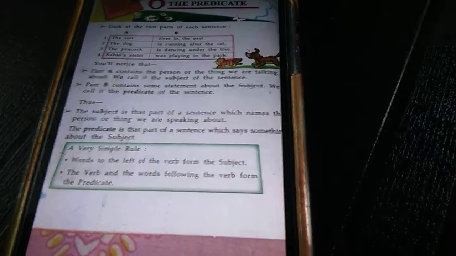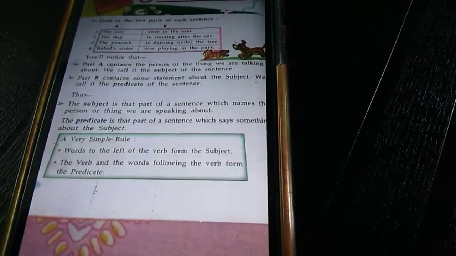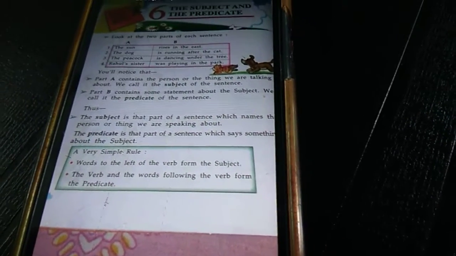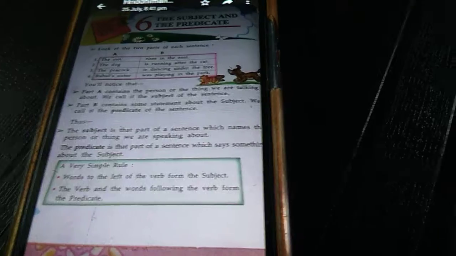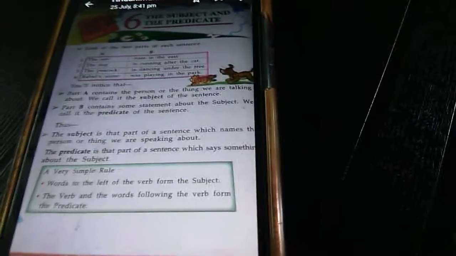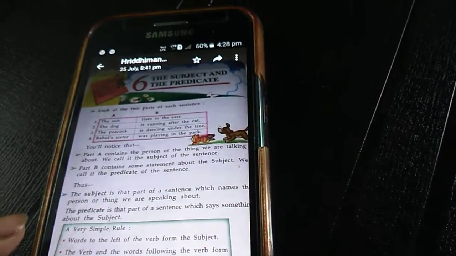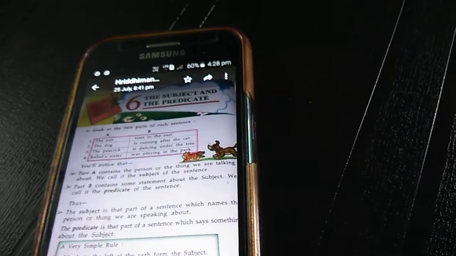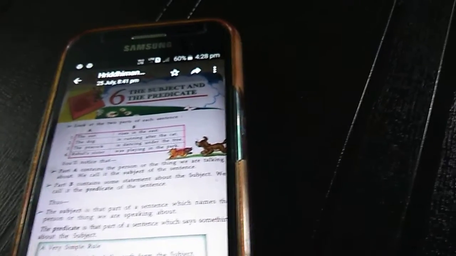The rest of the sentence is the predicate. So the subject is the person or thing we are talking about, and the predicate is that part of the sentence which talks about the subject, as we have marked.